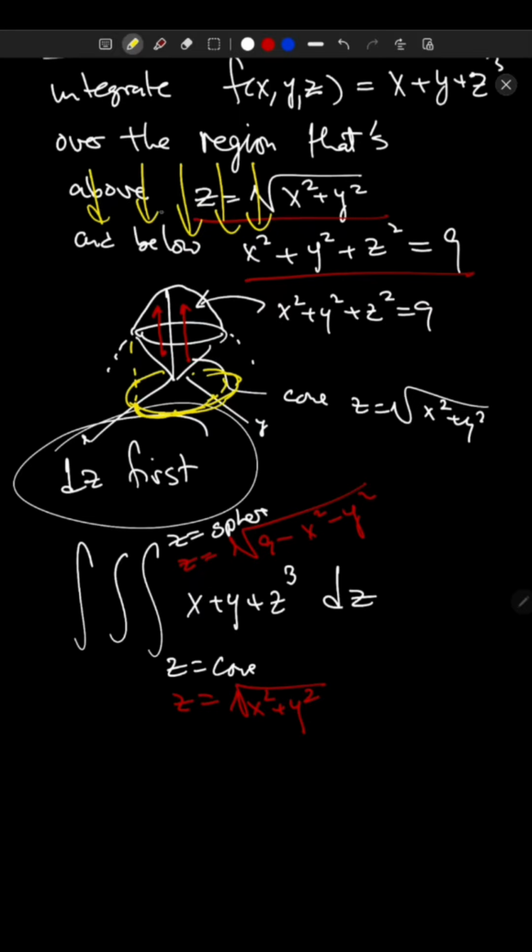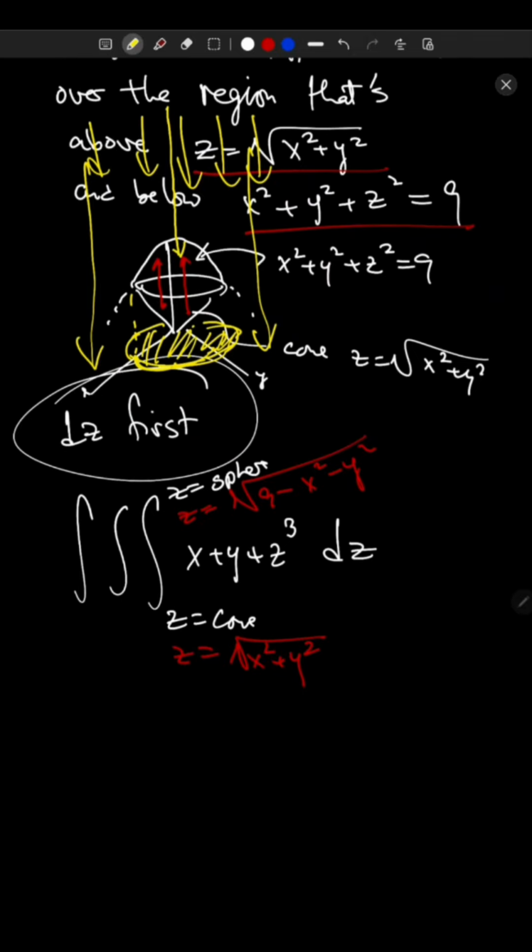Our shadow is going to be this inside region. Anything out here, the sun shines directly down, which means there's no dz integral there. But anywhere in between, like here, we're going to have a dz integral.